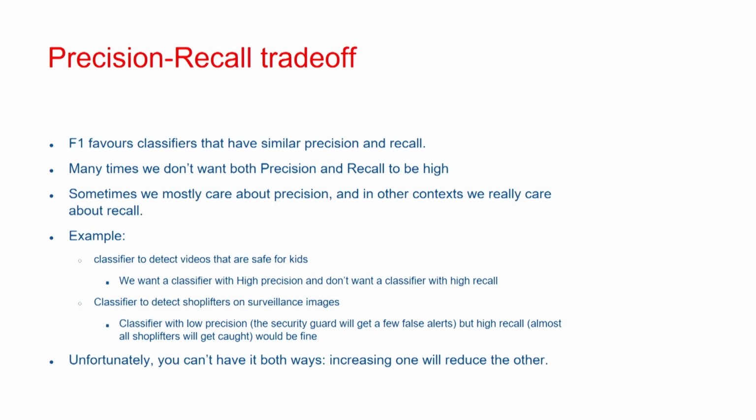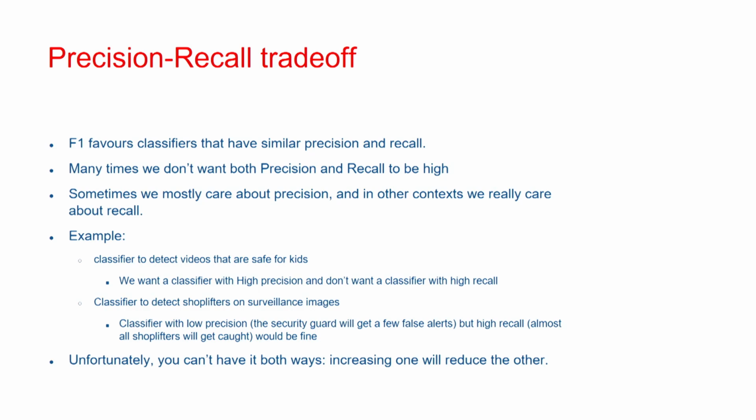We will see an example where precision may be more important, and another example where recall may be more important. For example, consider a classifier that detects videos that are safe for kids.